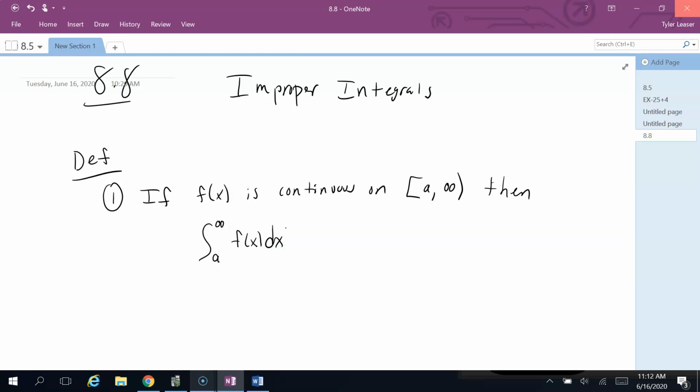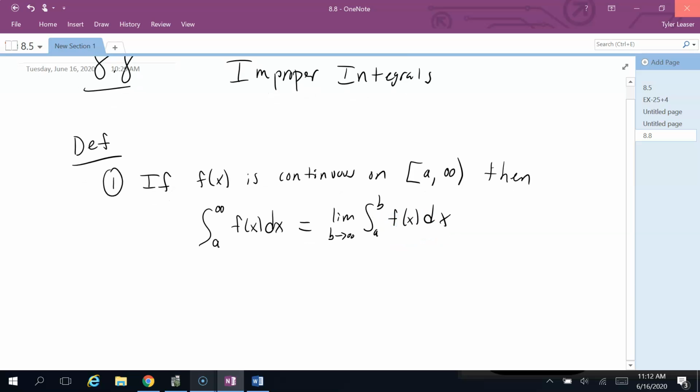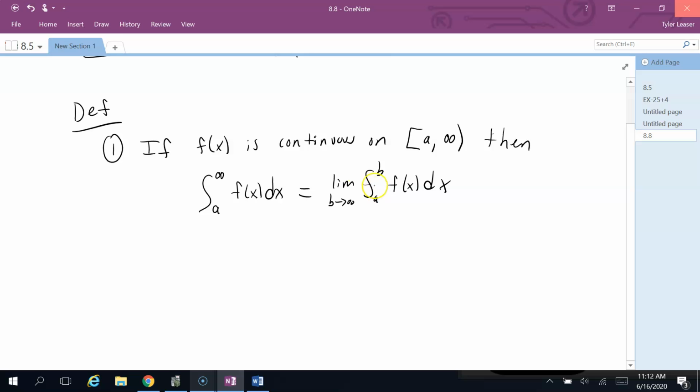Now the way that we do that is we take the limit as b goes to infinity, integral from a to b f of x dx. Anytime you have an infinity as either the lower limit or the upper limit, do this limit trick. It's not really a trick, it's the definition for it. Take the limit as b goes to infinity, replacing the infinity with b instead. Go through the whole process, find the antiderivative, plug the b in minus plugging the a in, but then after all of that, take the limit as b goes to infinity.